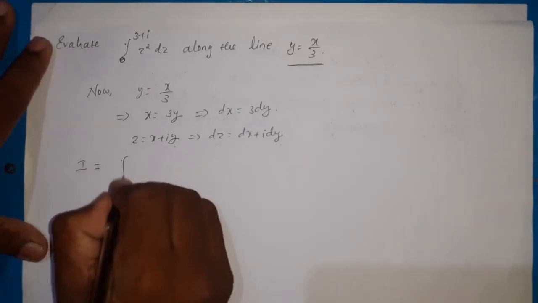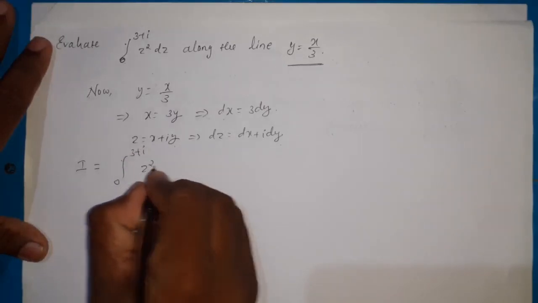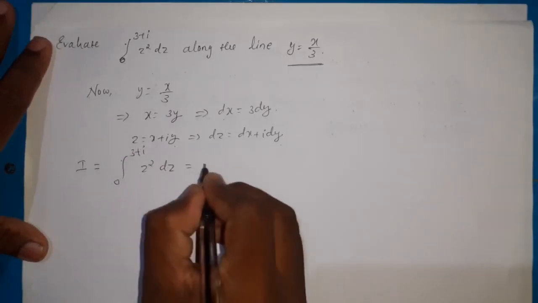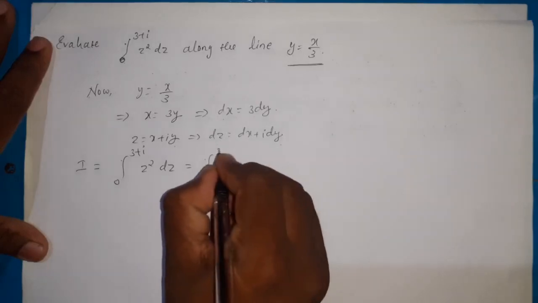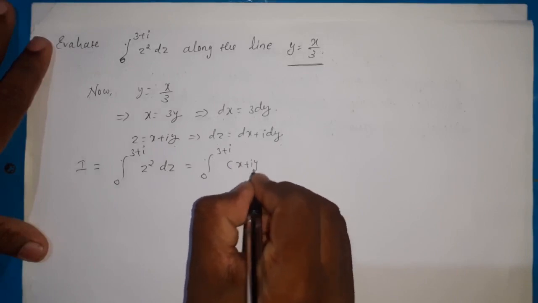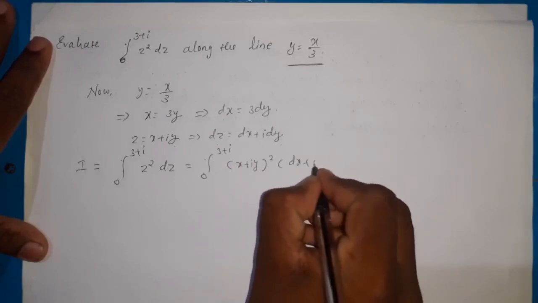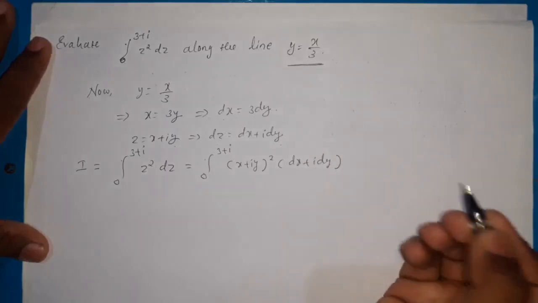So I is equal to the integral from 0 to 3 plus i of z square dz. Now this becomes the integral from 0 to 3 plus i of x plus iy whole square times dx plus i dy.